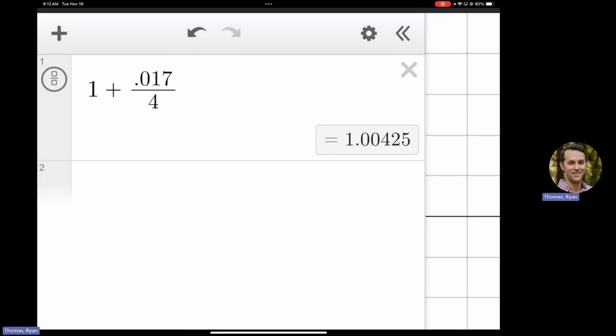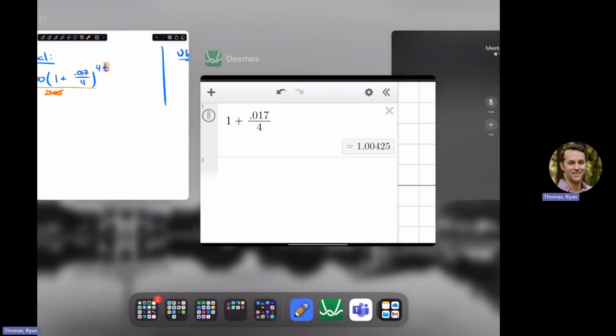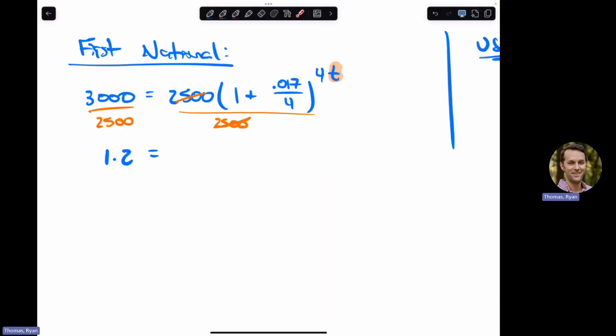I know writing down a number with 5 decimal digits makes us all a little uncomfortable, but we're just going to keep that whole thing. Desmos isn't rounding here. That's the exact value. So 1.00425. And we're still trying to solve for t. So now what?